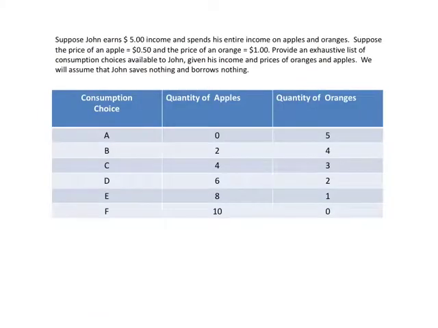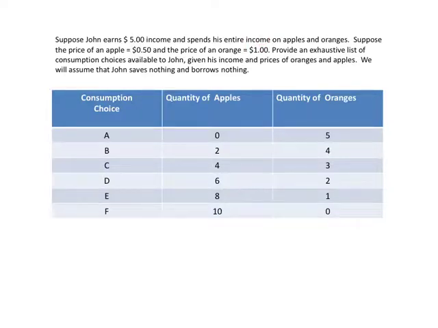Now let us look at another situation. Here John's income is $5 and price of an apple falls to 50 cents a piece and price of an orange stays the same. So price of an apple is 50 cents and price of an orange is $1.